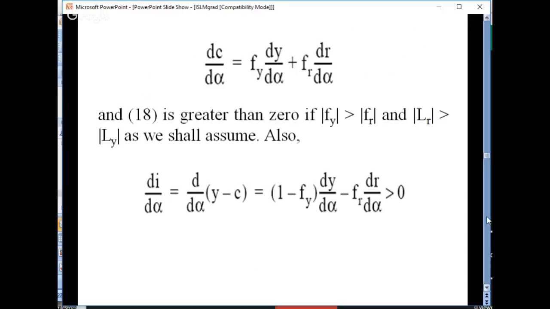We can also see how it affects consumption. This next slide: dC d alpha is going to equal f of y, change of y, change in alpha, plus f of r, change in r, change in alpha. So this equation is greater than 0 if f of y is greater than f of r.